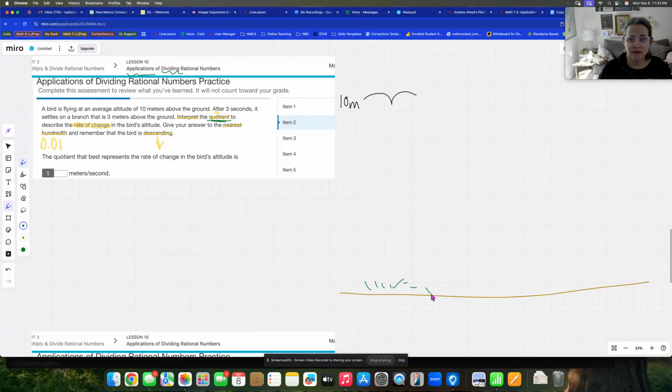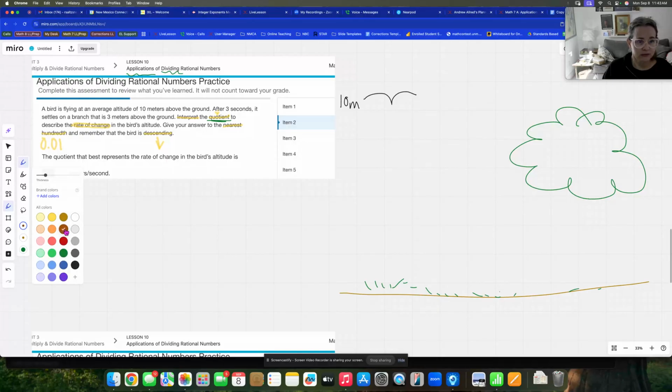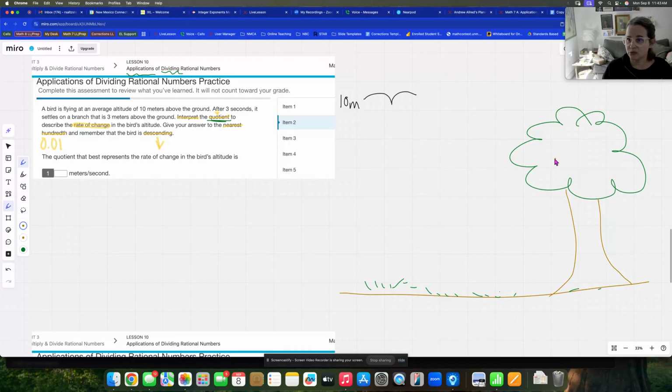After 3 seconds, it settles on a branch. Oh, there's a branch, so I'm going to have to draw a tree. Okay, here's the tree. And the bird is going to settle on a branch of the tree.